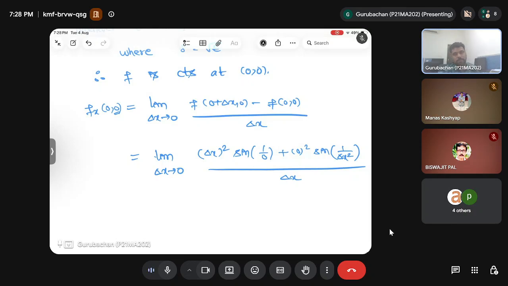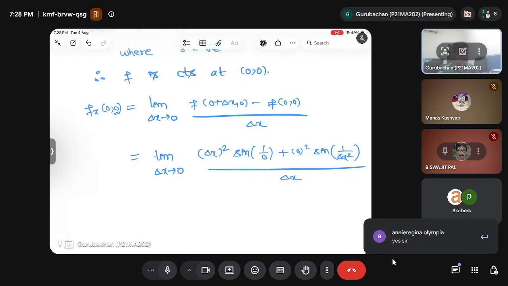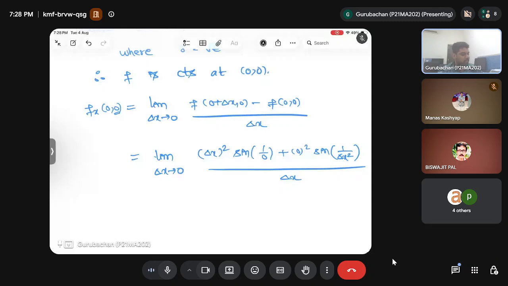See, I believe here we cannot calculate fx(0,0). Can anybody agree with me over this? See, we cannot write like this statement. So obviously we cannot calculate fx(0,0).